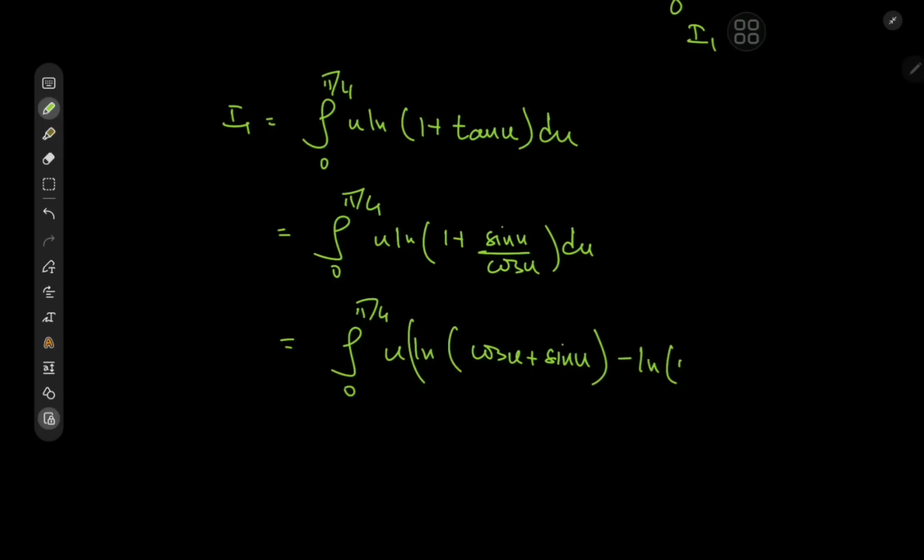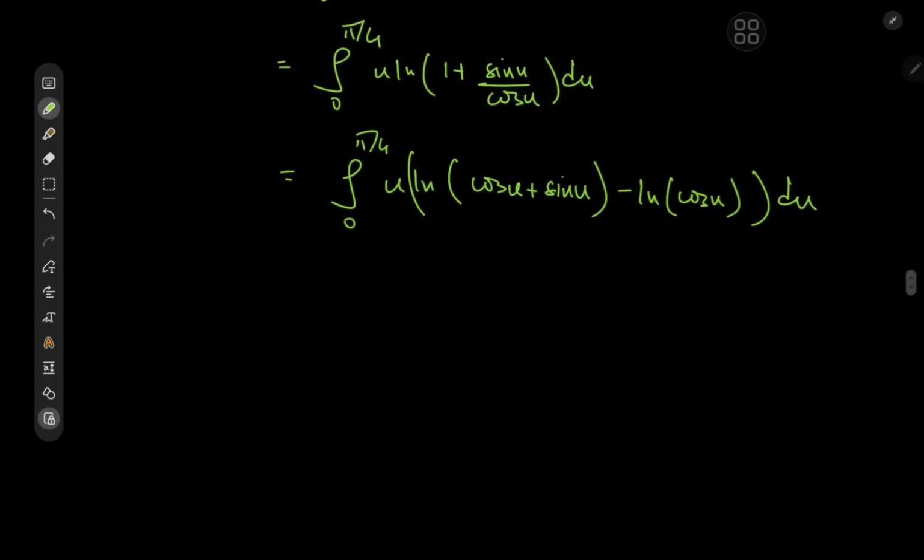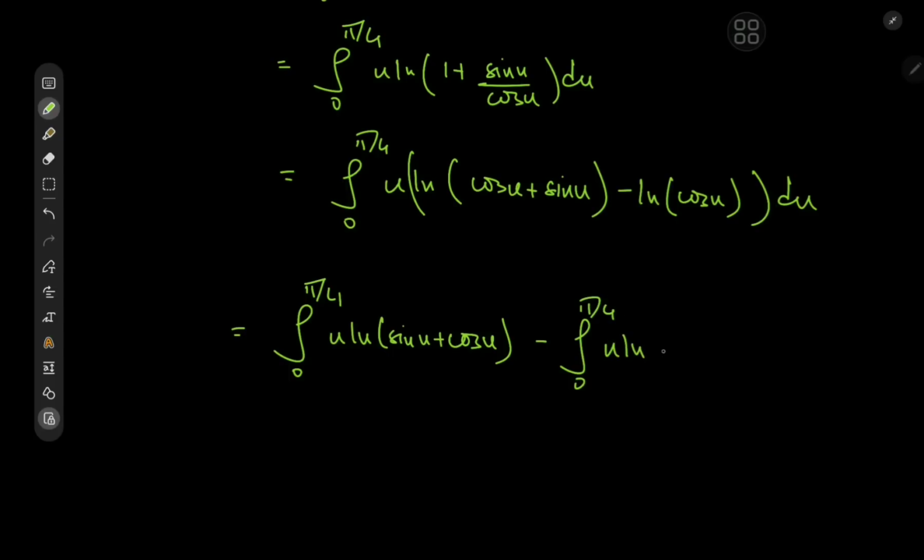So we have this minus log cosine u term as well. Now distributing the multiplication here, we have integral 0 to pi by 4 u times log sine u plus cosine u minus integral 0 to pi by 4, terribly sorry about that again, of u times log cosine u du.